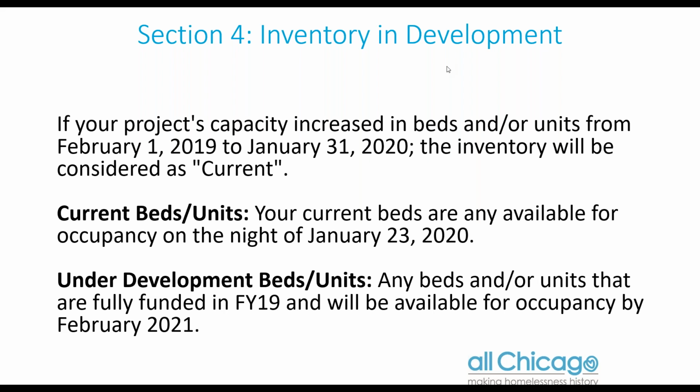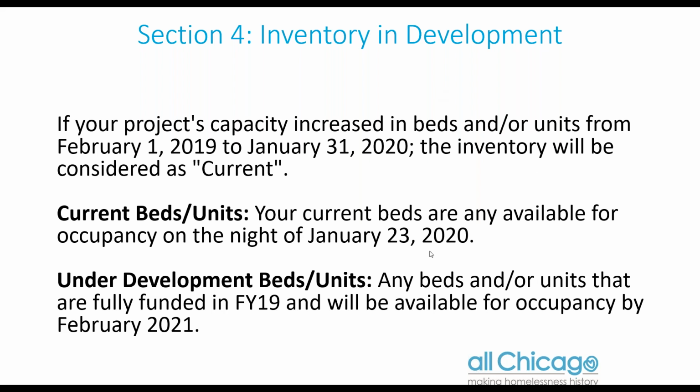So we've captured that data effectively already in the pre-HIC process, more or less. Moving forward, any form of bed or unit that is added in addition to your current inventory will be considered under development. And those are the beds that we want to capture with this particular question.